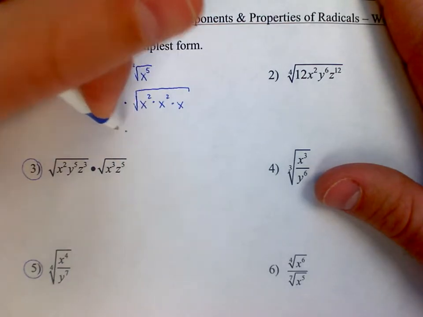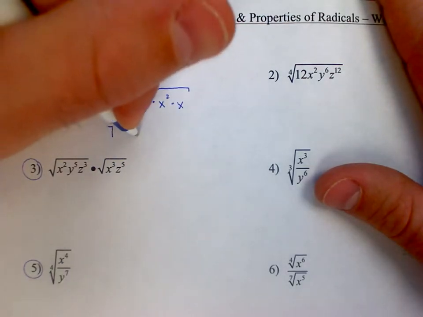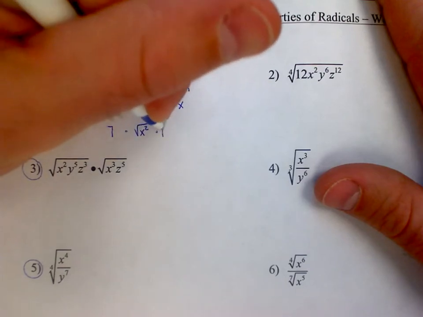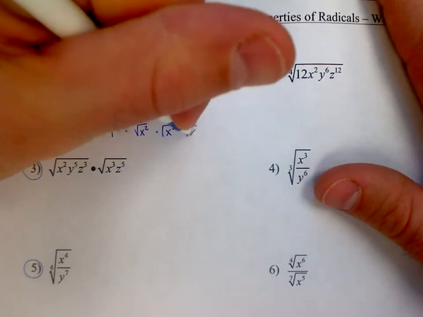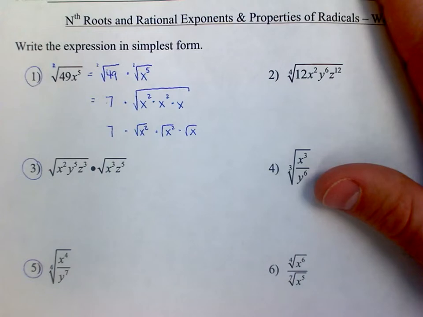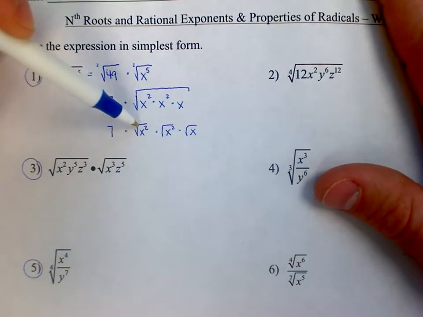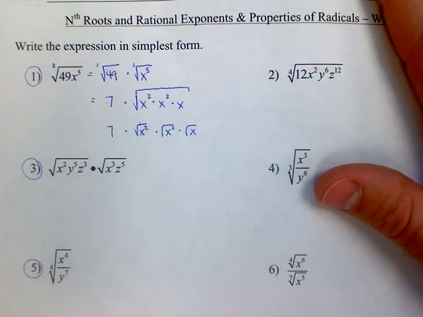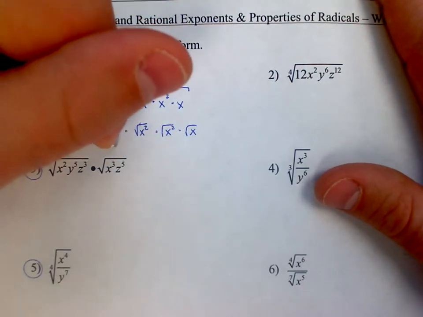And if I look at it that way, what it becomes is 7 times the square root of x squared times the square root of another x squared times the square root of x, right? I can break those up into separate ones. And then what that means is I have a square root of a square here. And it happens twice, actually. Both of these are a square root of a square, and those end up turning into just plain old x's.